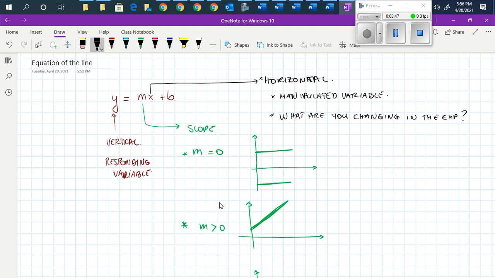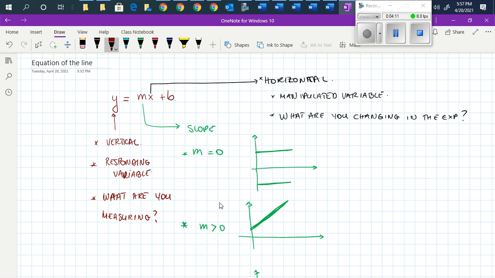And what we have in the responding variable is the vertical, or what are you measuring? So what are you measuring as a result of the change?